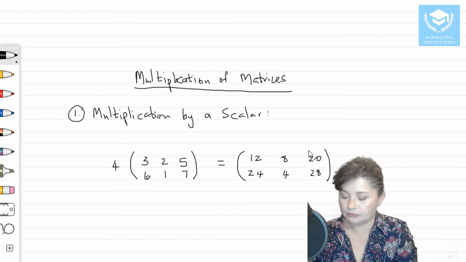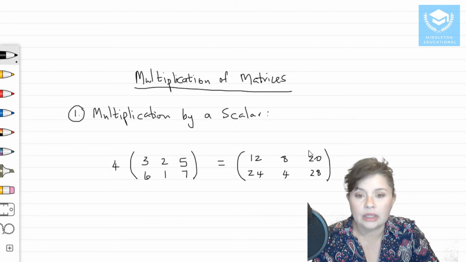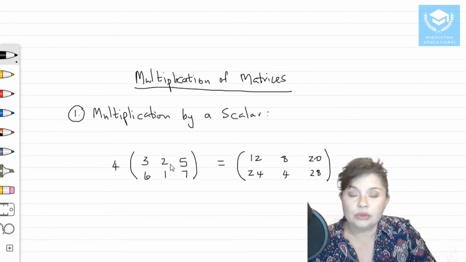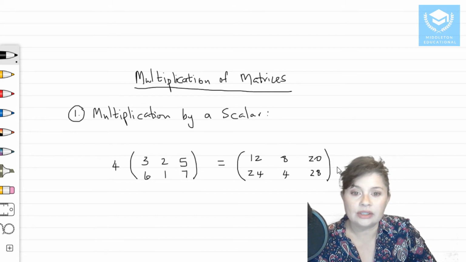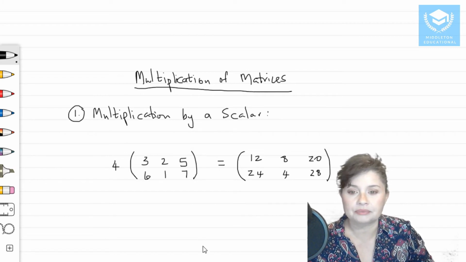Here we go. You see also that the order of the matrix you started with remains the same, and that is not the case when you multiply two matrices together. So let's have a look at that one.